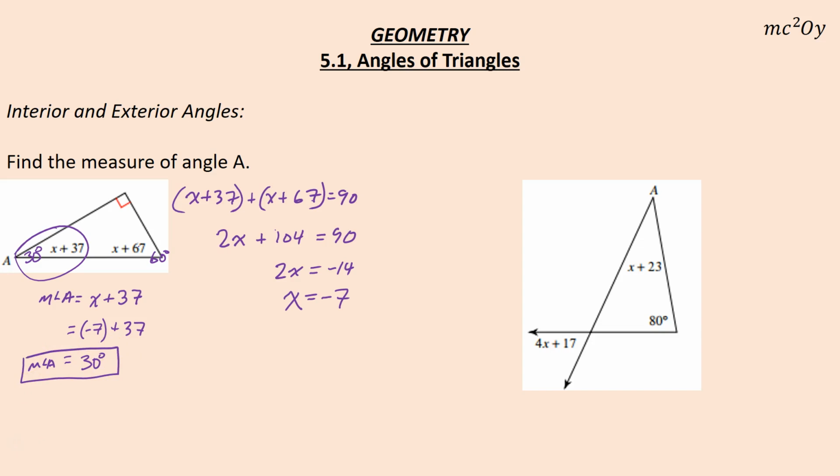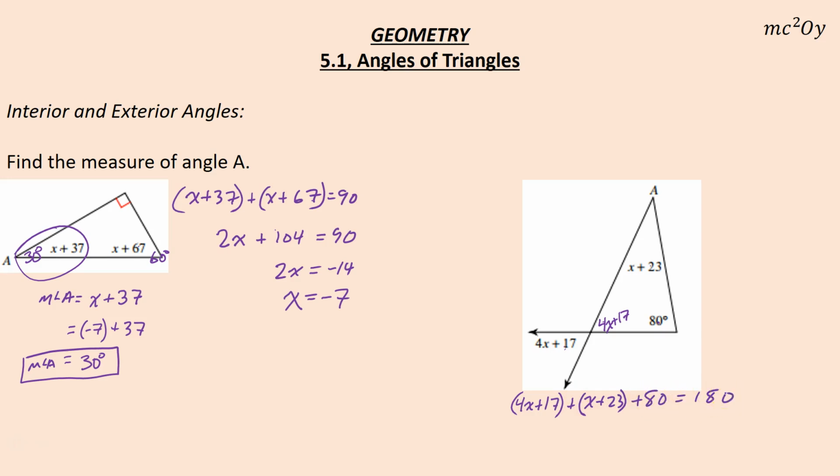All right, last one. Taking a look at this, I'm going to go ahead and use vertical angles to move this angle here, 4x plus 17. And now I know this angle, angle A, and 80 have to add up to 180. So 4x plus 17 plus x plus 23 plus 80 equals 180.